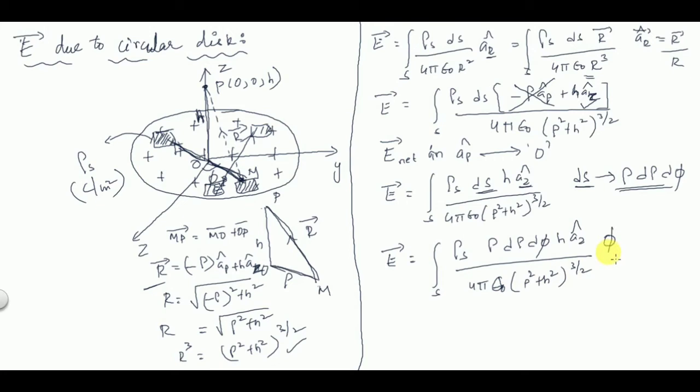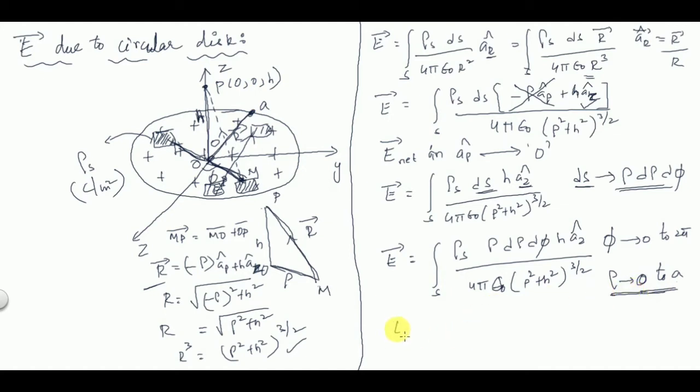Okay, so phi we know that limits are from 0 to 2 pi, and what are the limits for rho here? 0 to a, because the maximum radius here is a, so rho extends from the origin to the value a. So the maximum value is a and the minimum value is 0. Okay, so the radius exists from 0 to a.